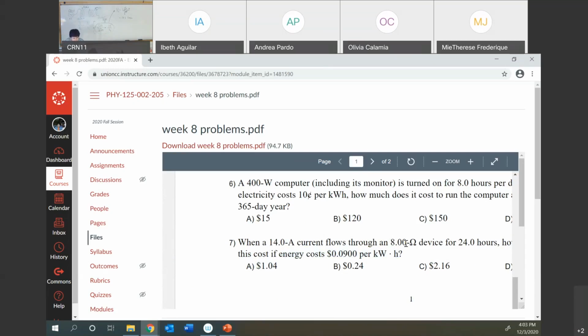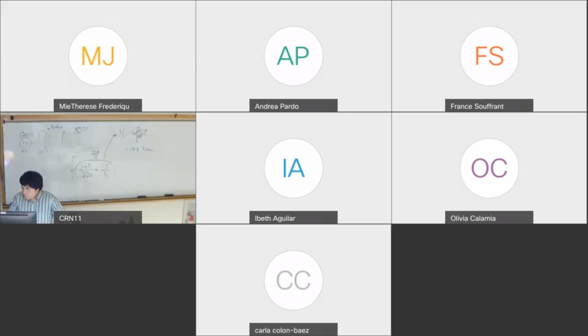Okay, so look, there are three formulas for power due to current, voltage, and resistance. The three formulas are the following.